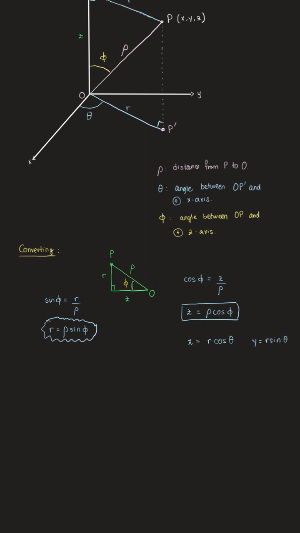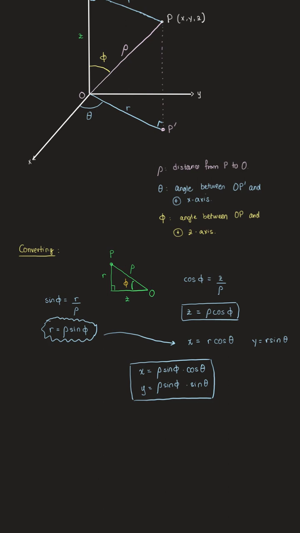That's something that we have from cylindrical and polar coordinates. Well, here's how we're going to use r. We're going to replace the r in both of these with rho sine phi. So now x is going to be rho sine phi, which is r, times cosine theta. And y will be rho sine phi, that's our value for r, times sine theta.